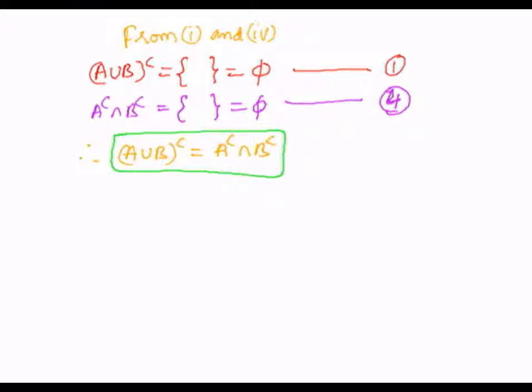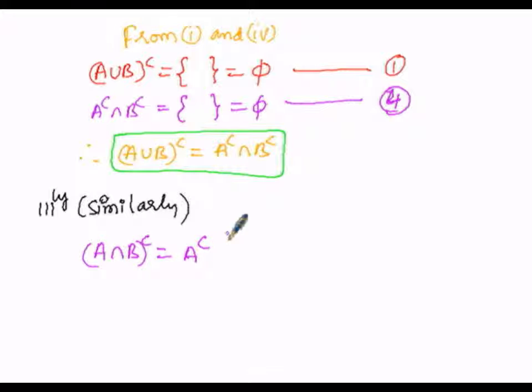Similarly, we can write, in case of A union B whole complement, if instead of union we take intersection, then instead of intersection we have to write union. So we can frame one more formula: A intersection B whole complement is equal to A complement union B complement.